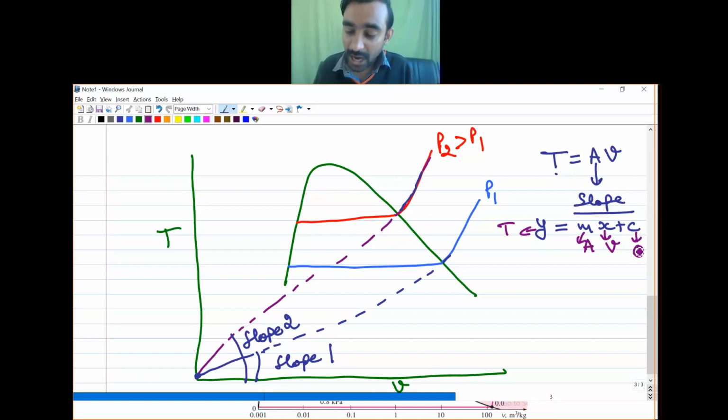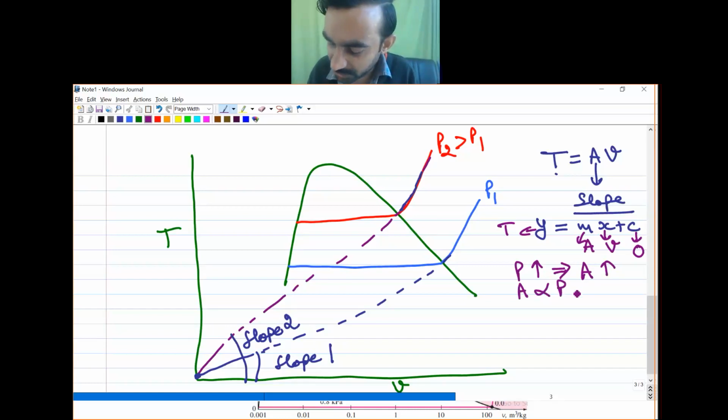Okay, so now what will be happening? When our pressure is increasing, the value of the slope is also increasing. So our slope A is directly proportional to pressure. If A is directly proportional to pressure, I can say A equals A naught times P, where A naught is some constant.